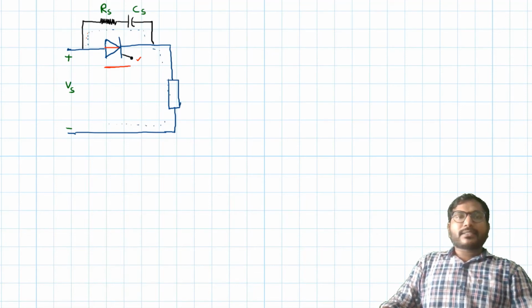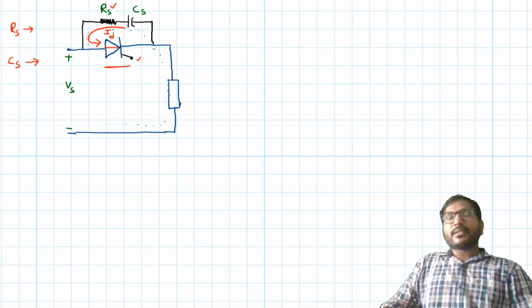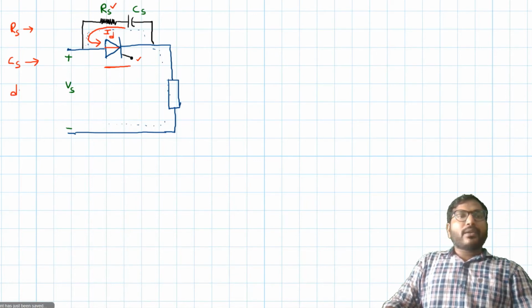When the SCR conducts after the gate pulse, the capacitor chooses this path to discharge its voltage. So this is the discharging current ID. To limit this discharging current, we are placing RS. Here RS is the current limiting resistor and CS is the capacitor connected in parallel with the SCR to protect it from high values of dV by dt.